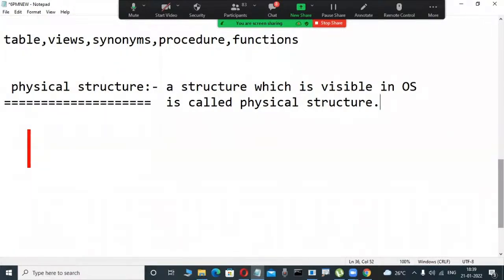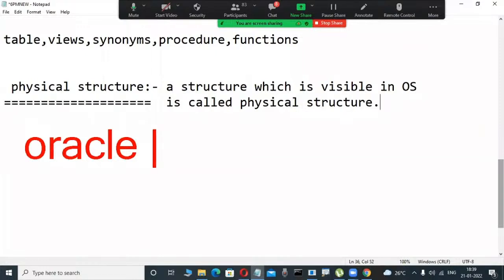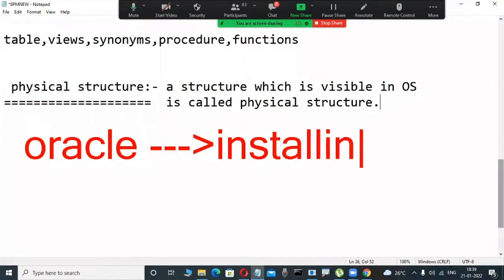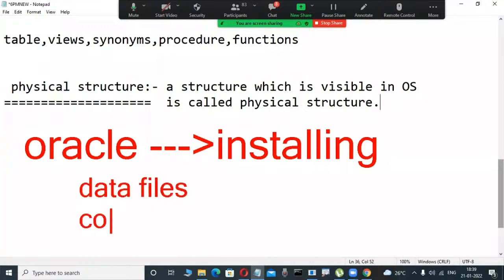Suppose PowerPoint, MS Access, Word, anything we load, physical files are created. Same like that, Oracle is a relational database software. MySQL, SQL Server, we install, for example. Whenever I install Oracle, automatically physical files are created. Some physical files, called data files, .dbf files, are created.